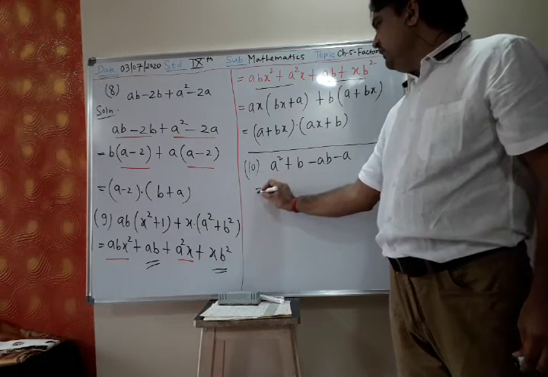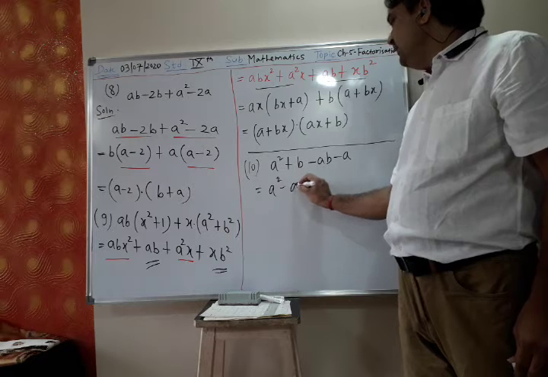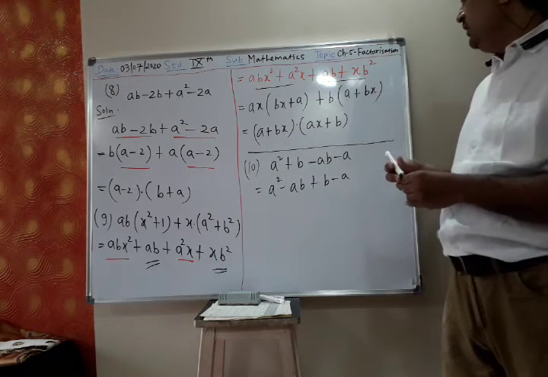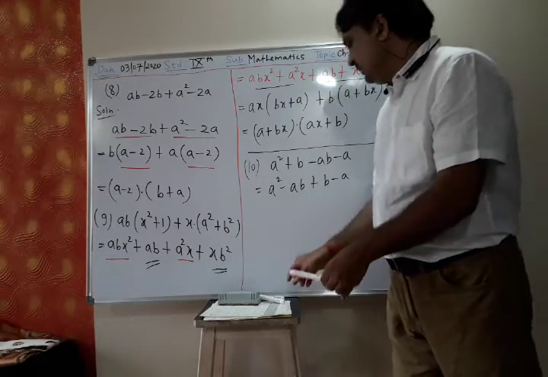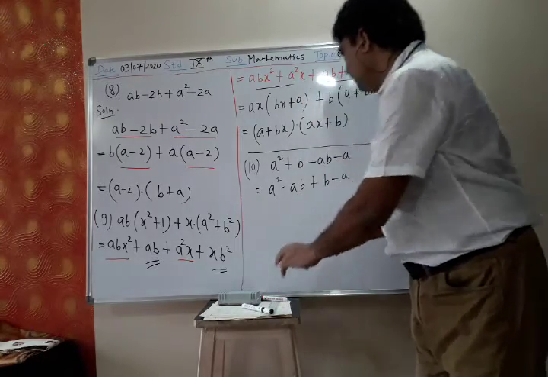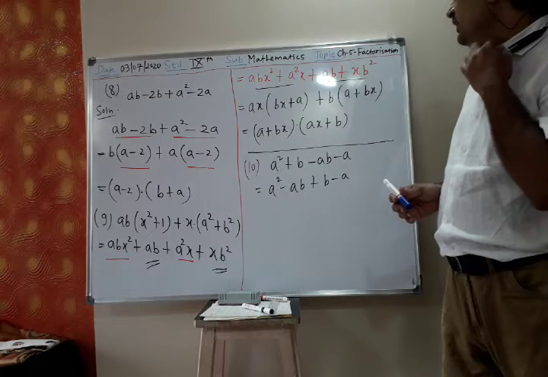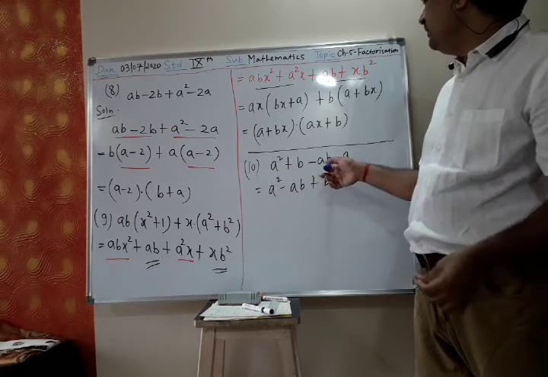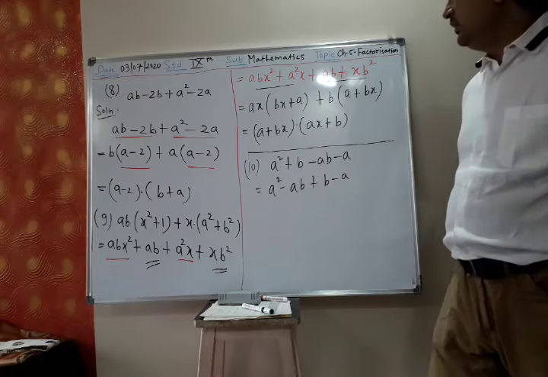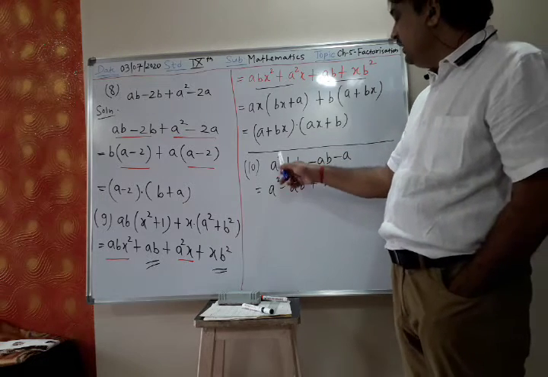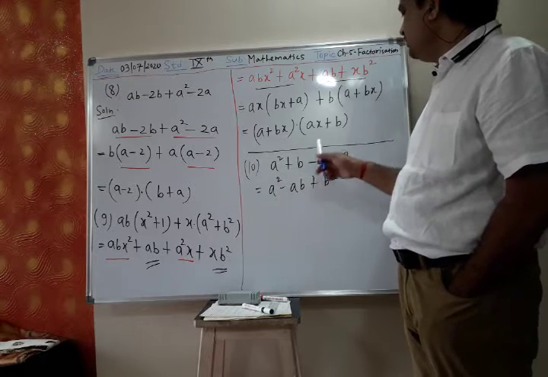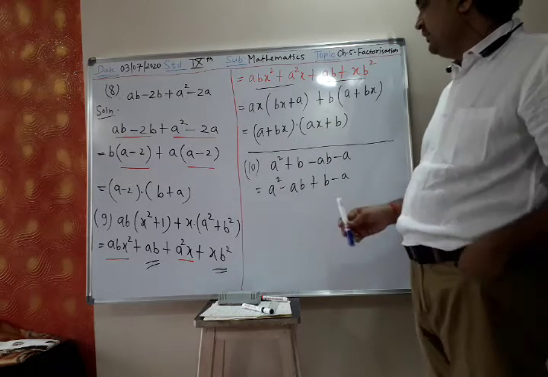First and third will be A square minus AB plus B minus A. A square minus A, then A will be common. What is left? A minus 1 will be left. Then nothing will be common. You can take A square and A, B and AB also. Yes, that also will work here.